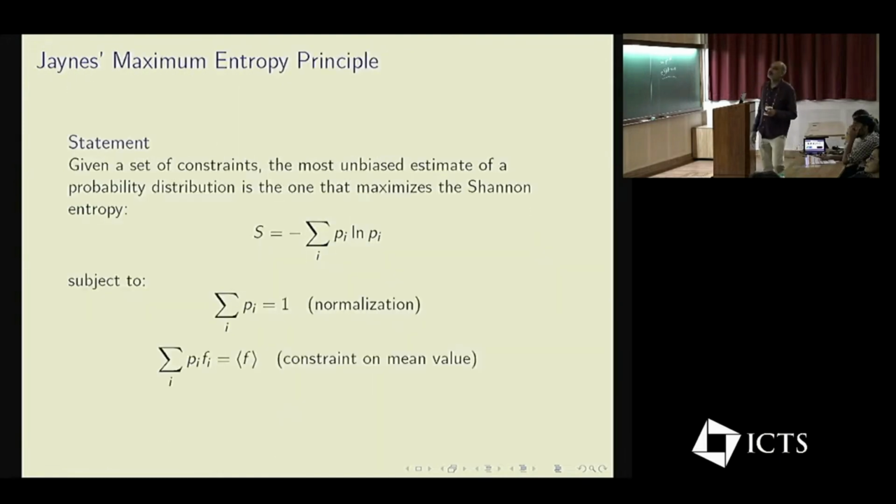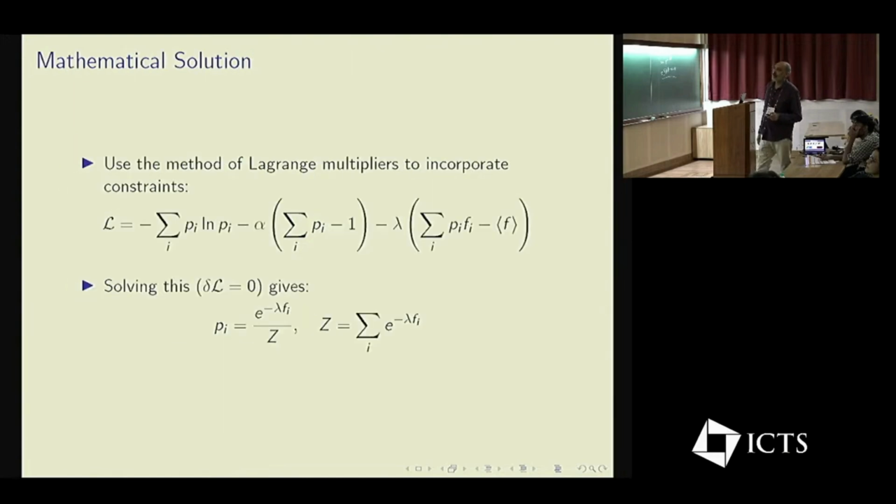The method to do that is the method of Lagrange multipliers. You want to incorporate certain constraints by introducing these parameters, and you want to optimize this function. When you do the variation, you can show that the distribution you obtain is the canonical distribution.